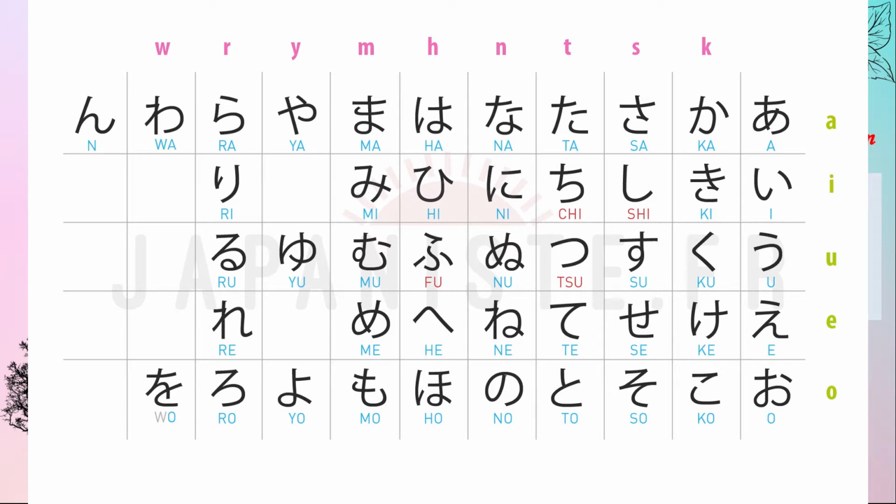You also notice that you have some, let's say, weird things for us Occidentals. It's that the T sound becomes chi and tsu and not ti and tu. So as I said, the T sound doesn't exist in Japanese. And for a Japanese person, T plus I would become chi.